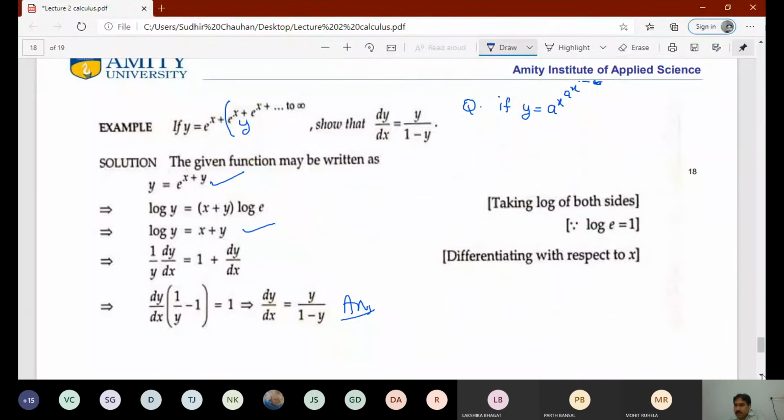Okay, now you have to prove that dy by dx is given by y square log y upon x into 1 minus y log x into log y.